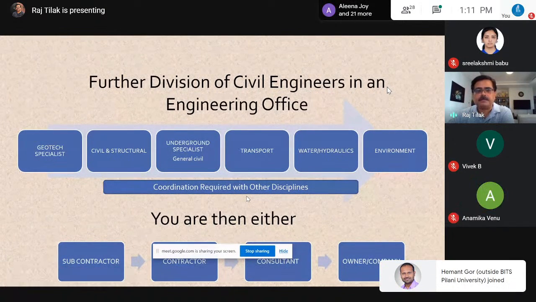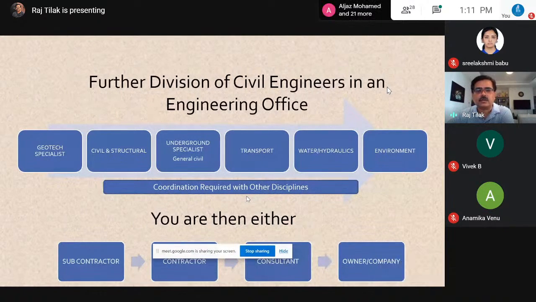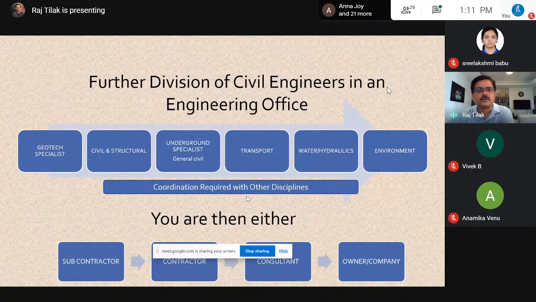And then, of course, there would be a discipline called transport, which will be designing the roads, pavement, highways, and all those things. And water hydraulics and environmental are also popular. Water is important in lots of aspects. It is generally used in all kinds of oil and gas refineries, also for seawater intake structures and outfalls. So they deal with the water process.